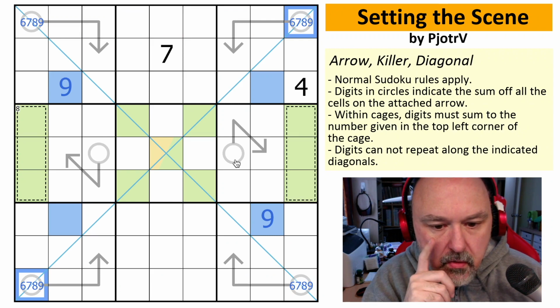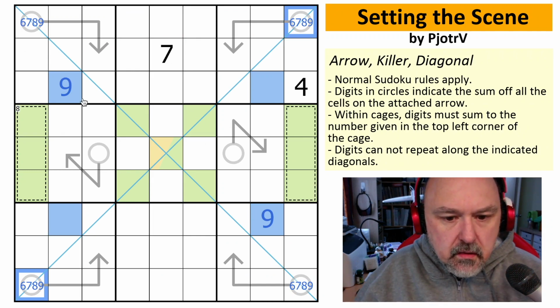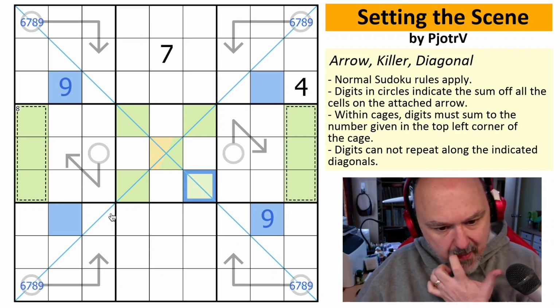Oh. If I put 9... If I put a digit, a high digit in here, then it's not on the diagonal in this box and it's not on the diagonal in this box, which forces it onto green in box 5, which forces the value of these digits way up.